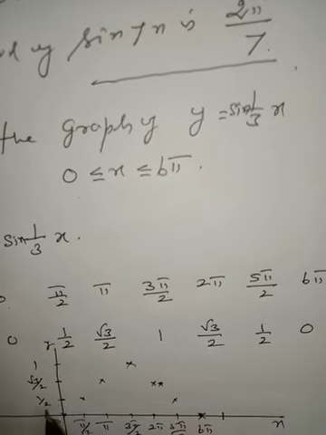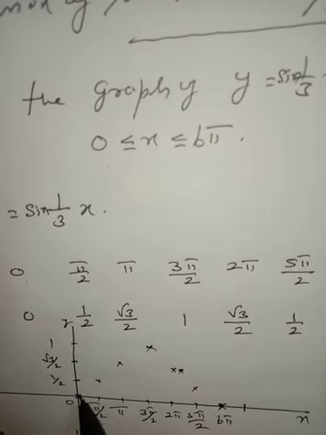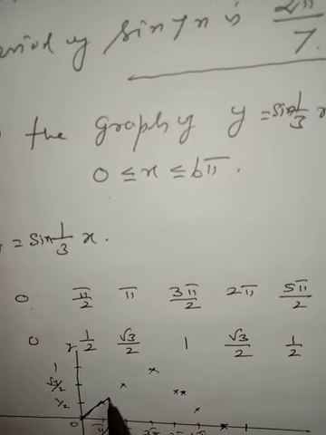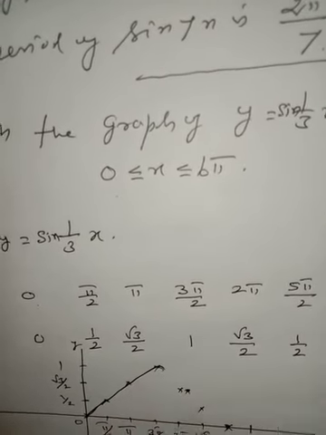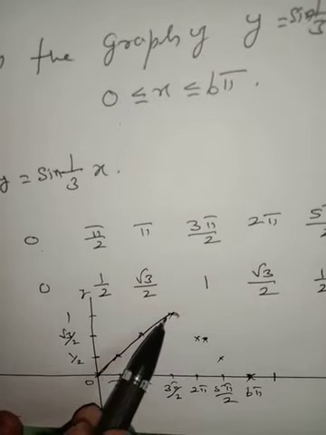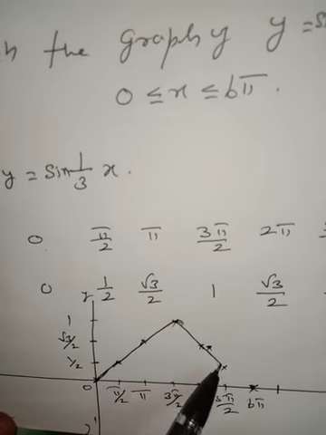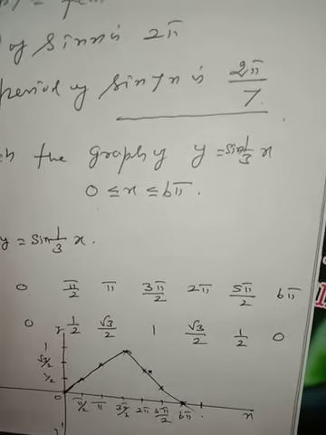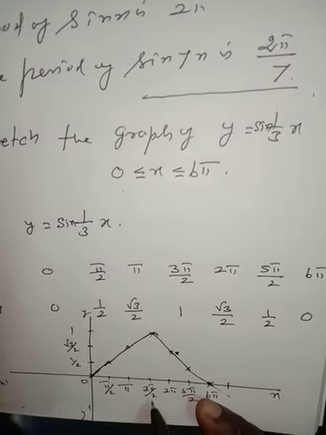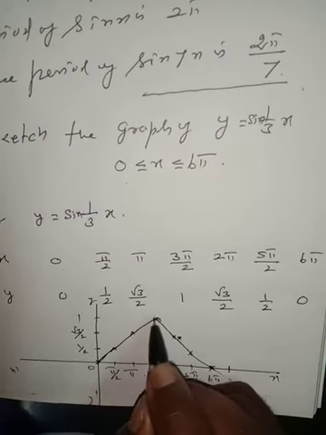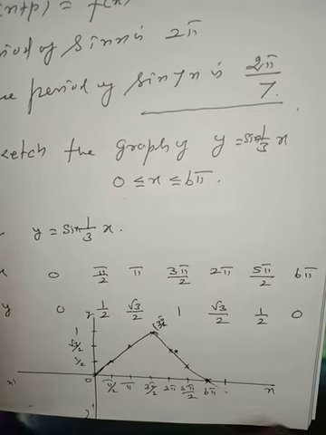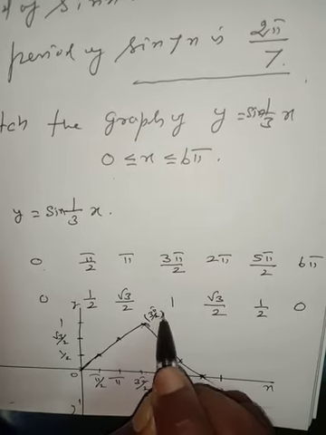Join the points to get the curve, sin (1 by 3) of x. The peak point is (3 pi by 2, 1).